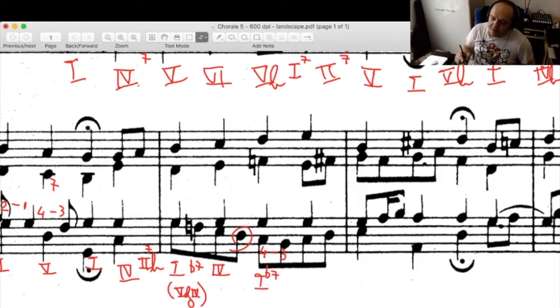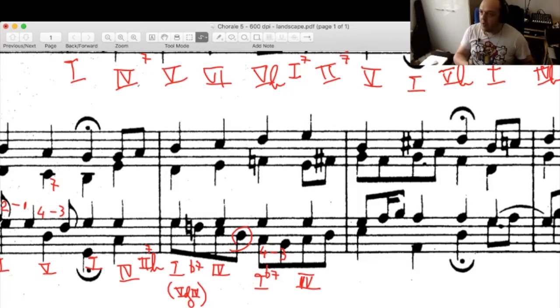That behaves as expected, as in chord 1 flat 7 goes to chord 4 right here. So we are momentarily tonicizing the subdominant. Then there's a sudden shift.